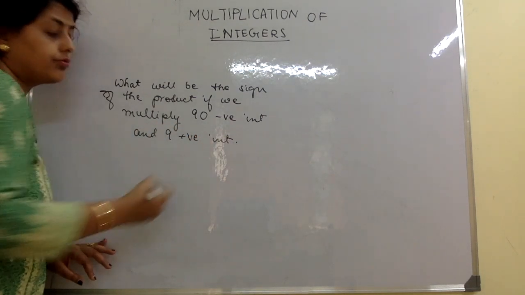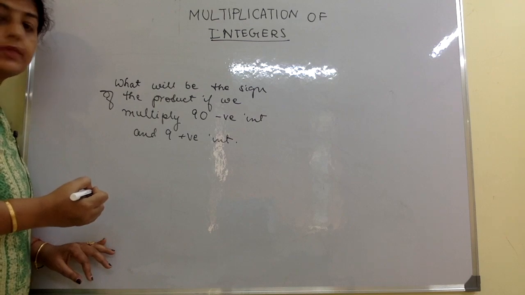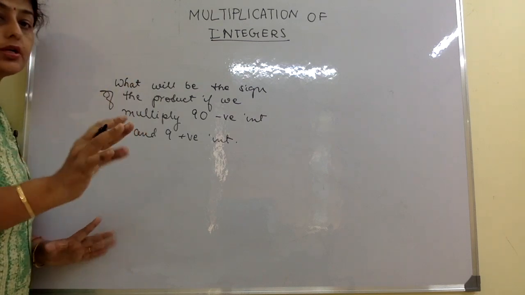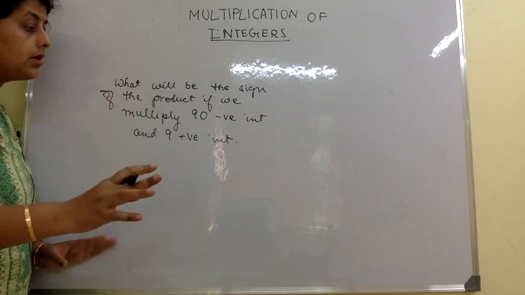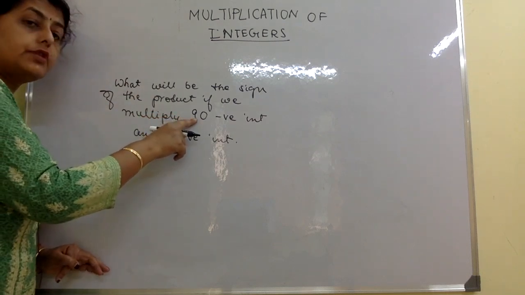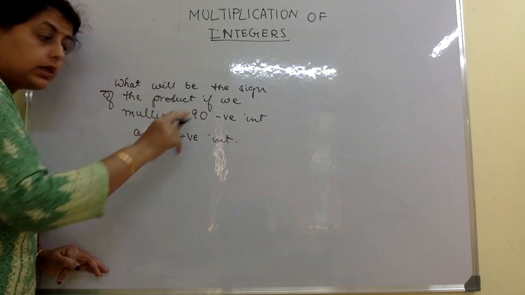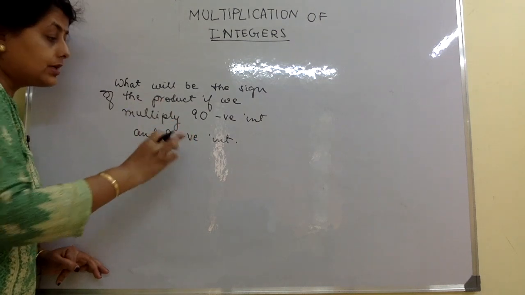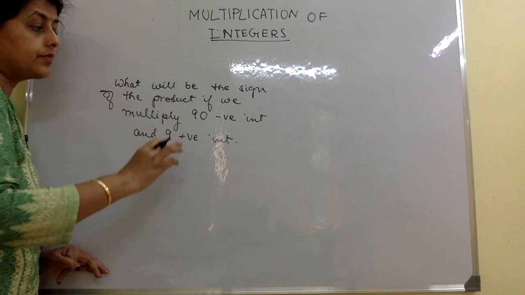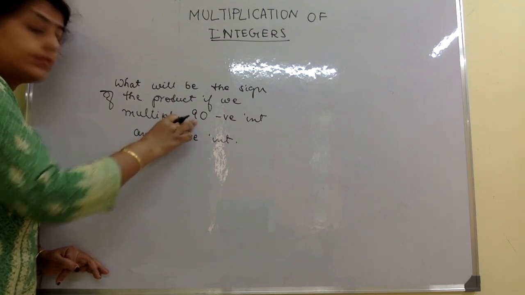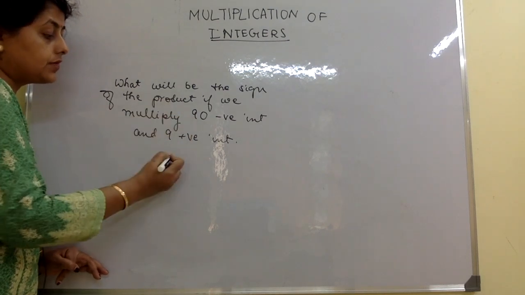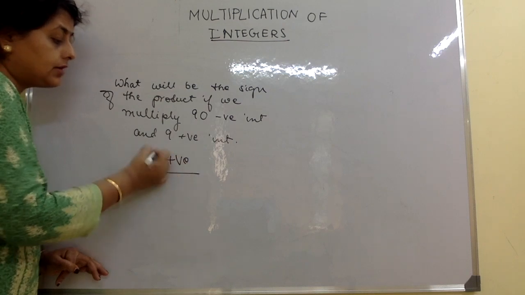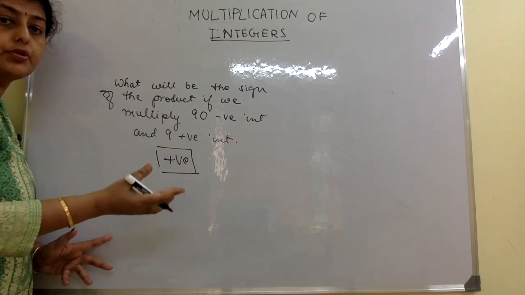Now this is a good question. What is the sign of the product? You really don't know what the numbers are, but if you multiply 90 of the negatives, it becomes a positive. If you multiply 9 of the positive, it is still a positive. So positive into positive, because this is even, you get a positive here, and then positive with positive, the final answer sign is going to be a positive.